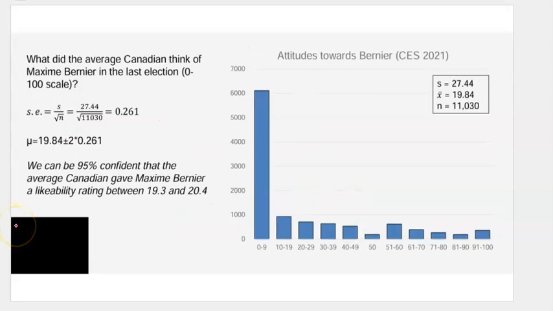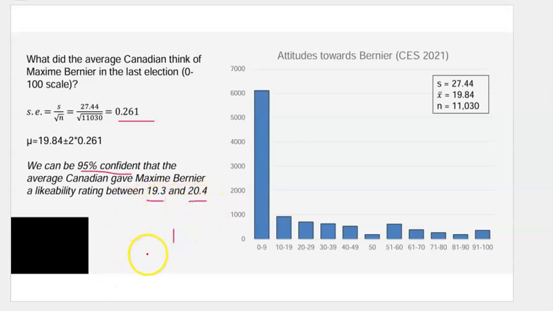So what did the average Canadian think of Maxime Bernier in the last election? That is a political question. Here the mean is 19.84, with a 95% confidence level. You put in the whole number of participants with the square root, and you obtain 19.3 and then 20.4.